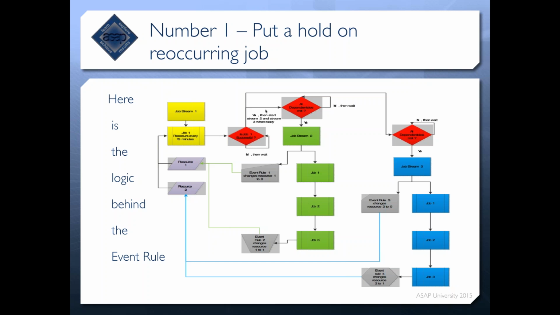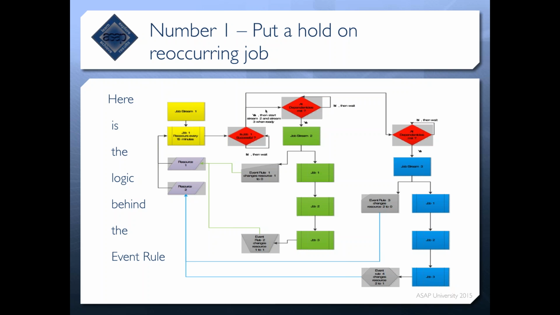So what we did is we took job stream 1 and set it up as normal, with the reoccurring job inside that says it's going to run every 15 minutes. However, that job within that job stream has 2 resources attached to it. There could be more, depending on how many job streams you want to identify.